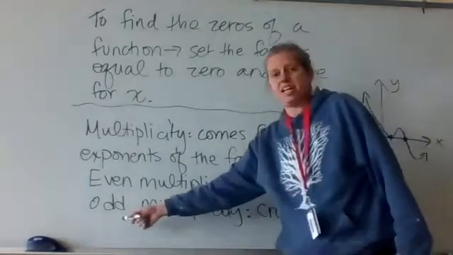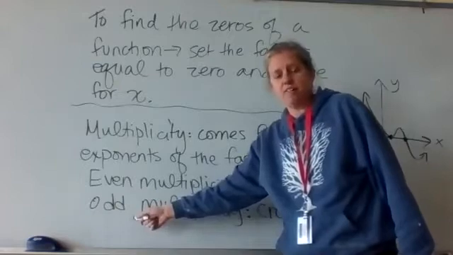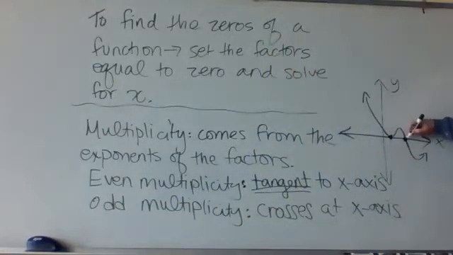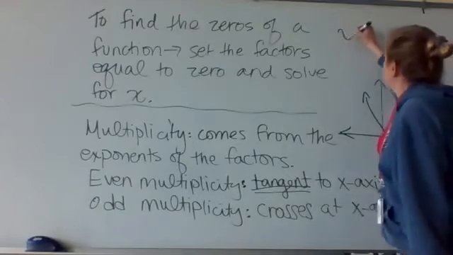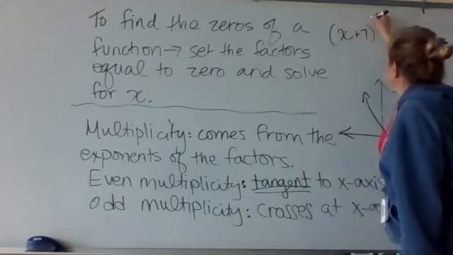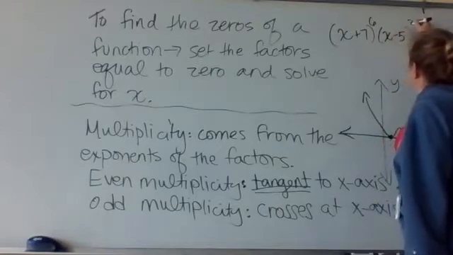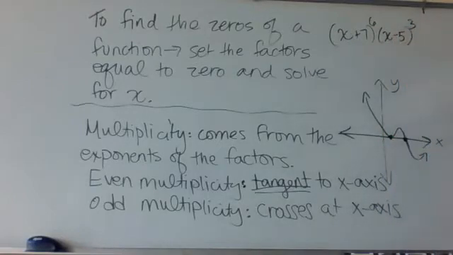If the exponent is odd for that factor, then it has odd multiplicity, and it's this kind of x-intercept. It's the kind that passes through. So here's what that would look like. Let's say I had a function that looked like this.